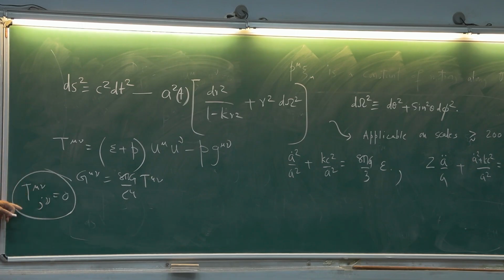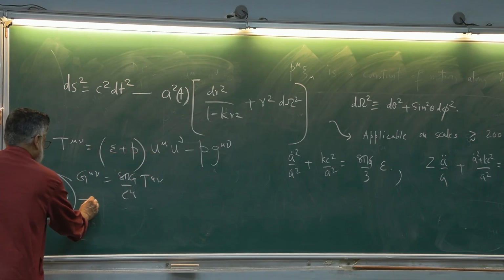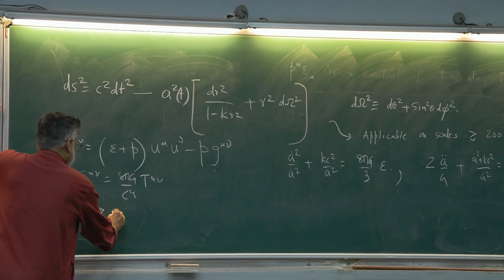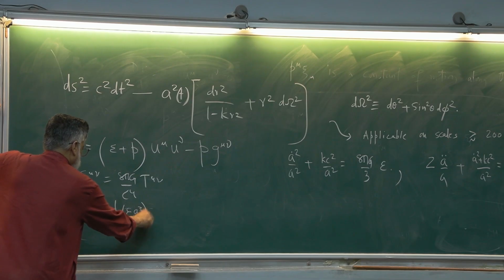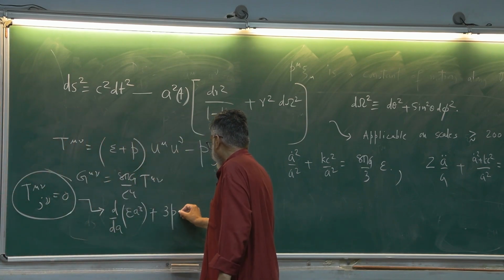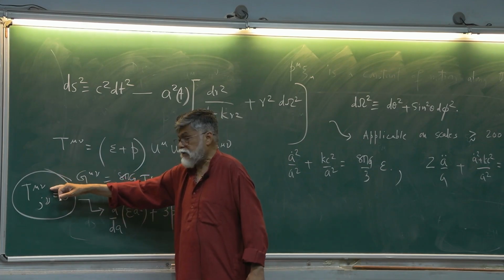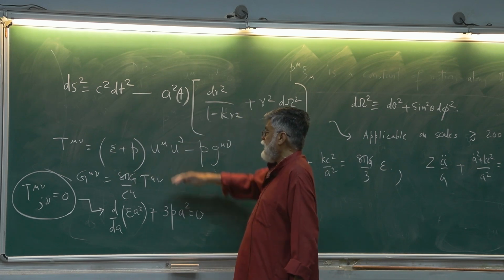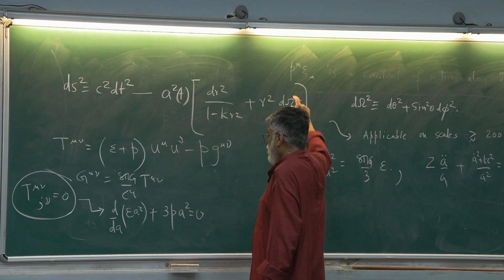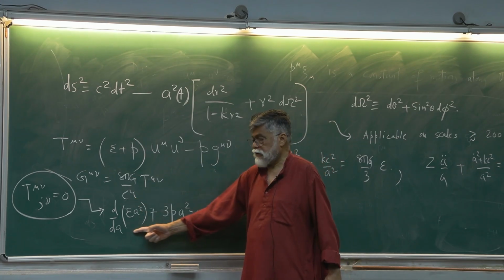This should give you also another equation, but it turns out that the equation is not independent of those. That equation can be written as d by dA of energy density times A cube plus 3 times pressure times A square is 0. From this local conservation of the energy momentum tensor, using the perfect fluid in the Robertson-Walker space-time, you can derive this equation.